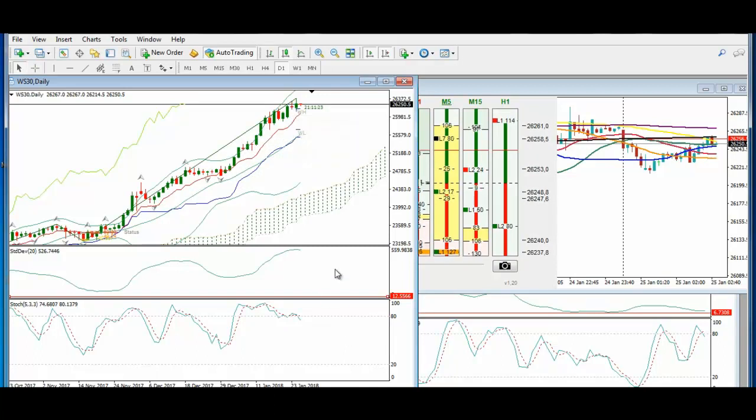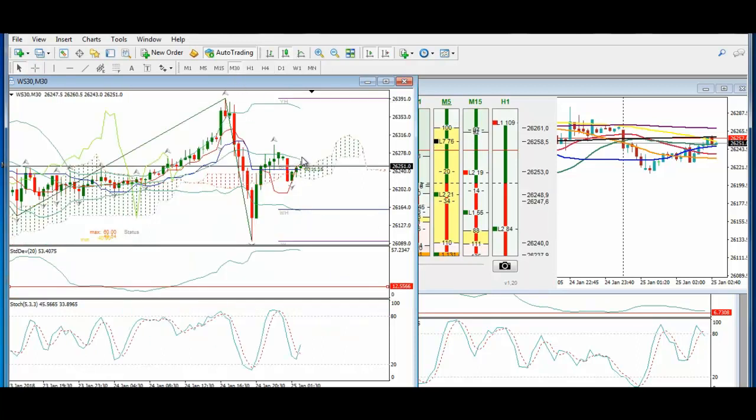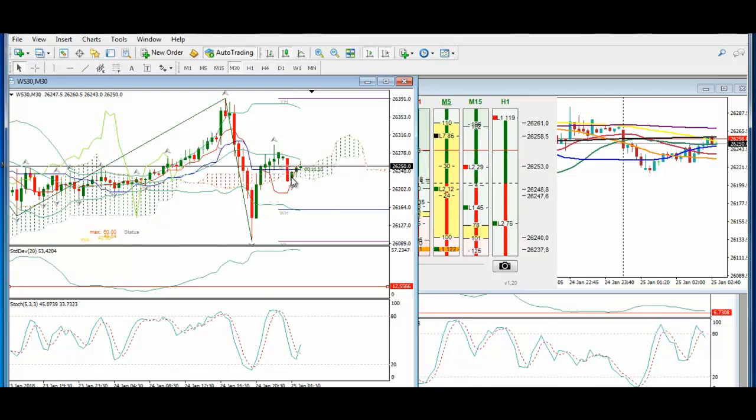So my analysis for tomorrow is just to wait and see what is going to happen, to wait here for a clear sign to enter the market. I believe that the market may test these areas again before it moves up.